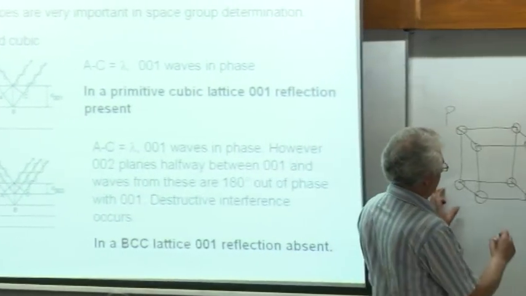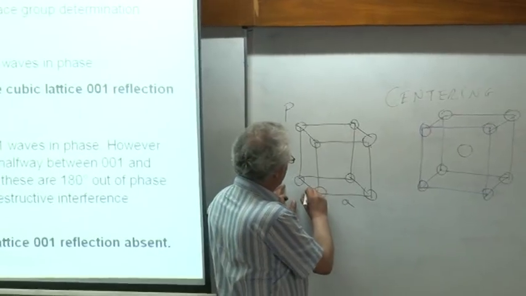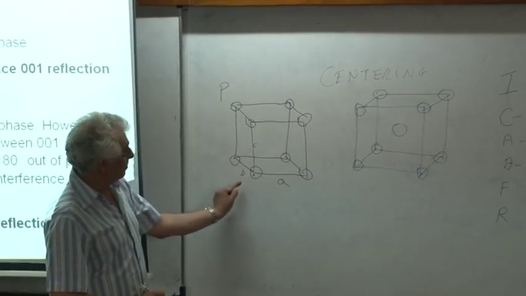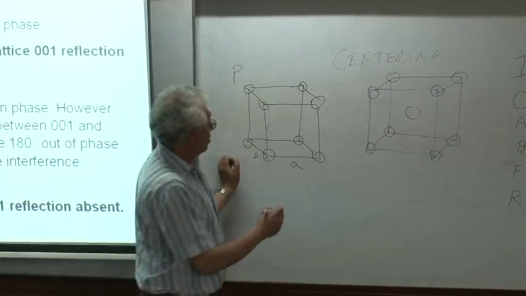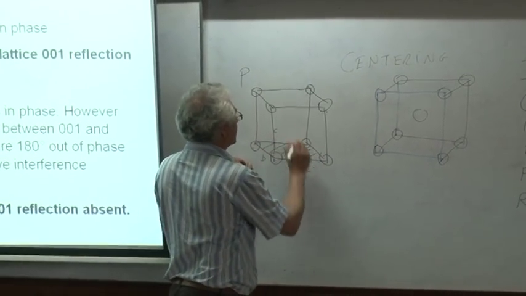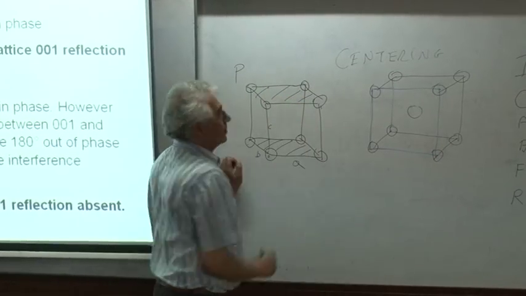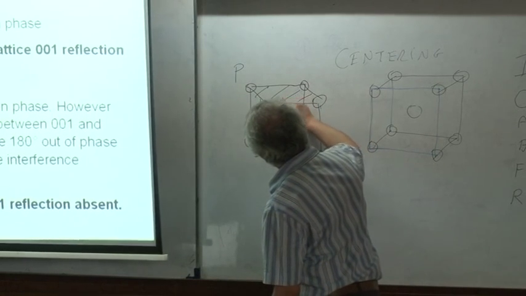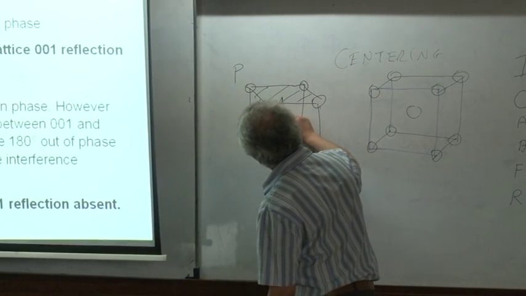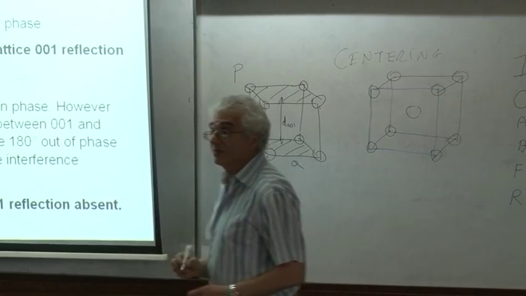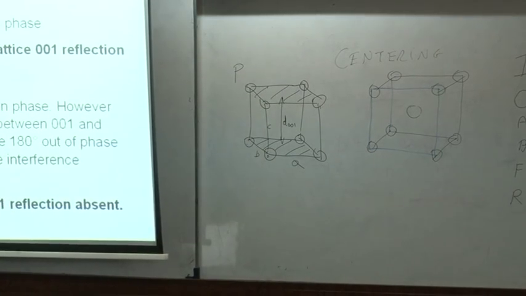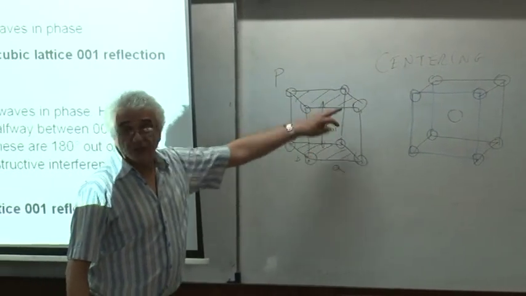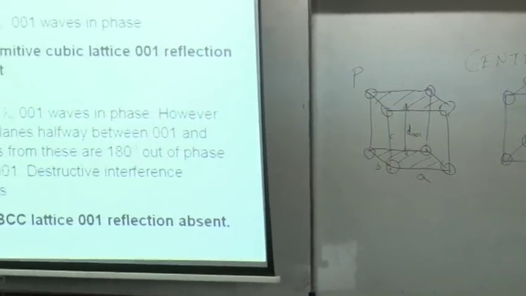Well, if we make this A, and this B, and this C, and this is our origin here, the 001 set of planes would correspond to this. That would be 001, and the distance would be just the distance between these two sets, so they're D001. So we can see the 001 set of planes, no problem.